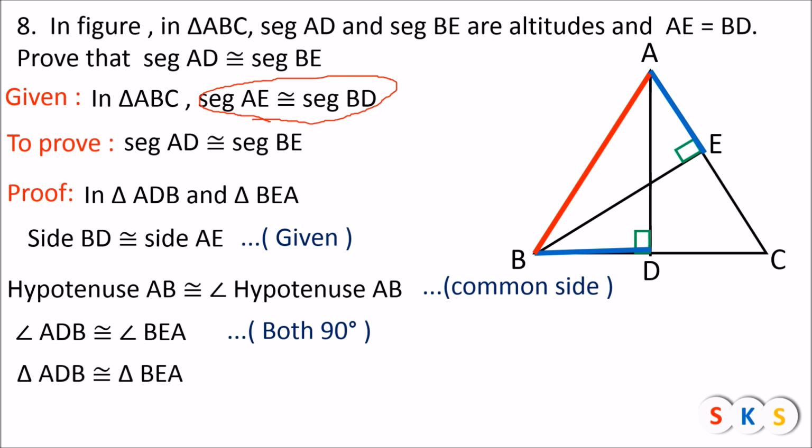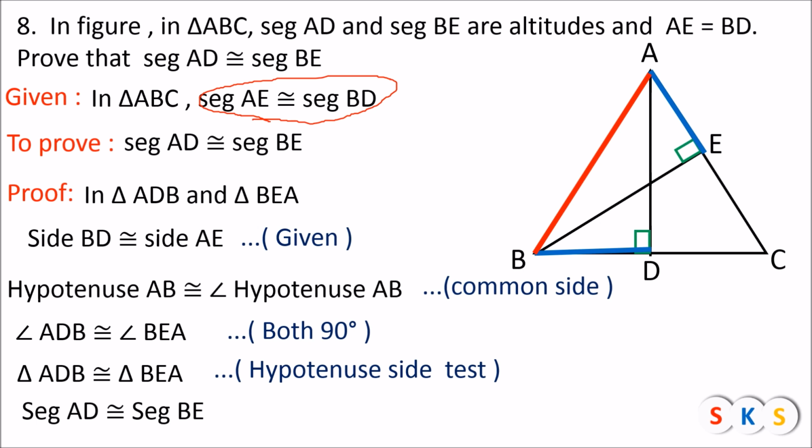Therefore triangle ADB congruent triangle BEA by hypotenuse side test. And we know that if two triangles are congruent, then the remaining parts will be congruent. So the remaining part we take here: AD congruent to BE, AD congruent to BE, CS CT.